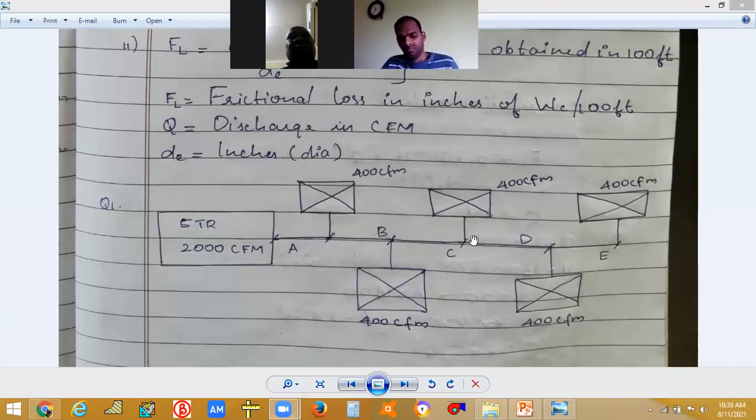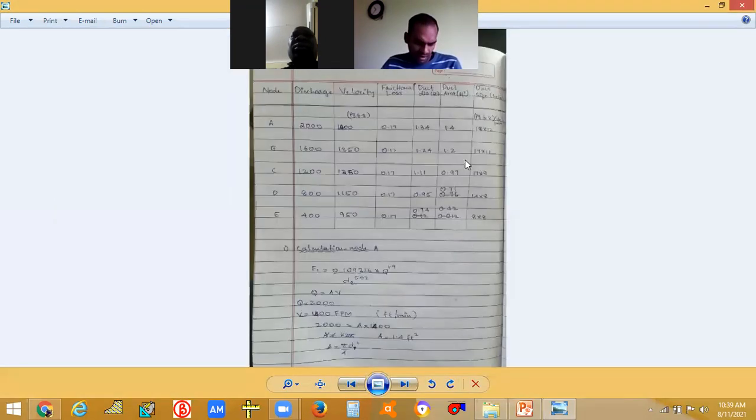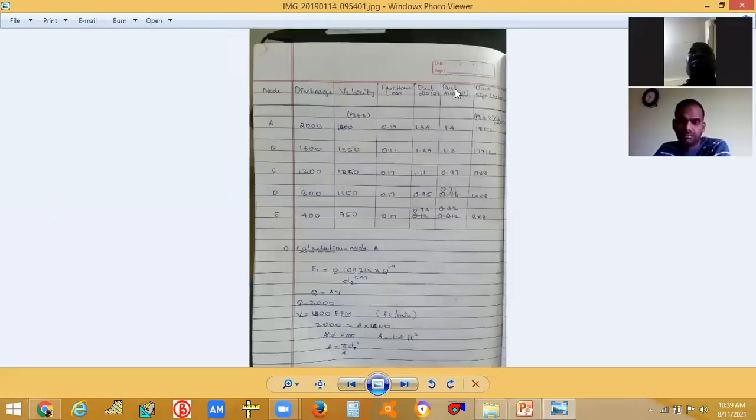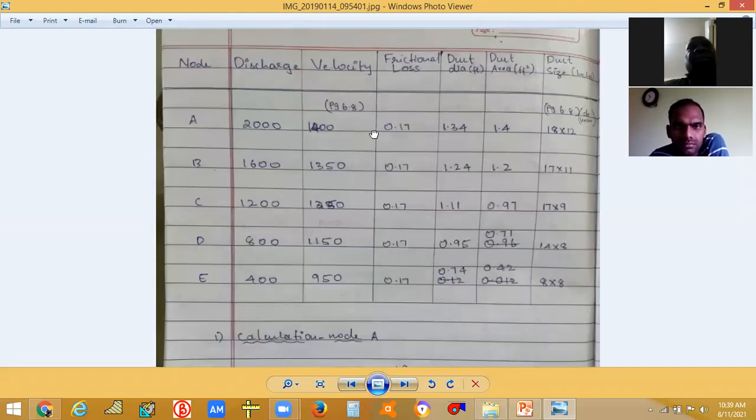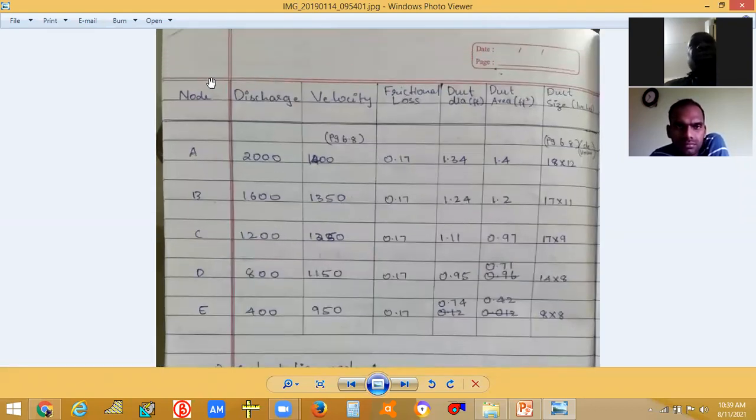Now you have to draw a tabular column, in which I will say what you have to write. You have to draw 7 columns.